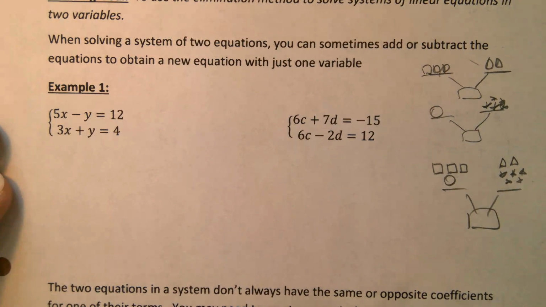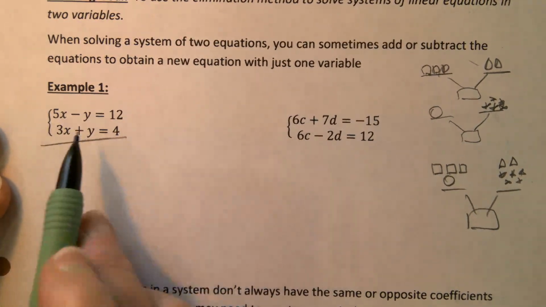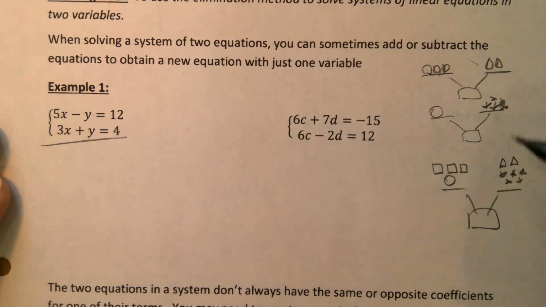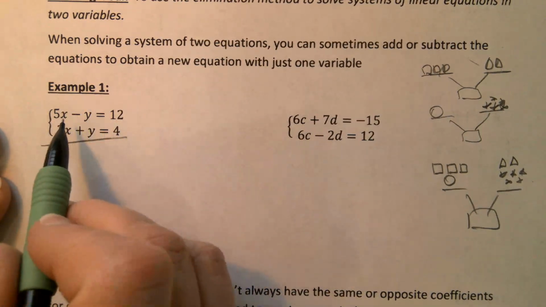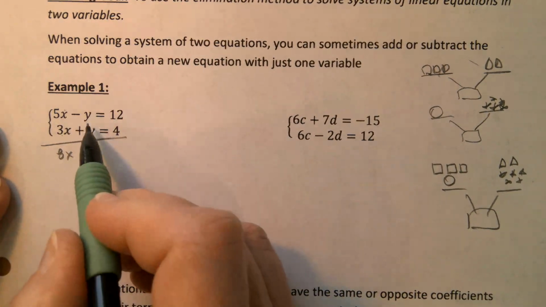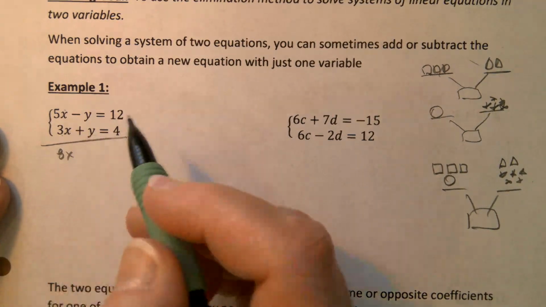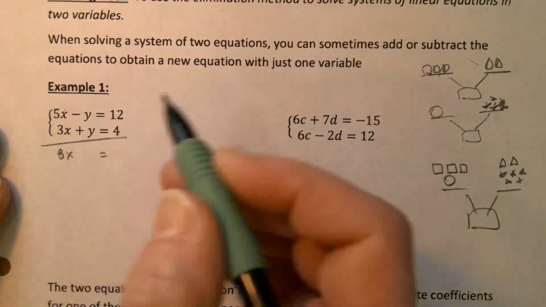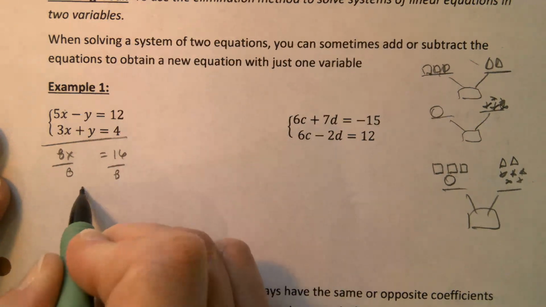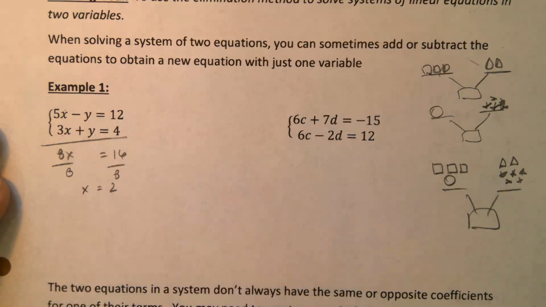If I add these two sides together and these two sides together, I'm still going to be equal. But look what happens. 5x plus 3x gives me 8x. Negative y plus y gives me 0y. So the y's cancel out, and I'm left with this, and I can solve for x is equal to 2.